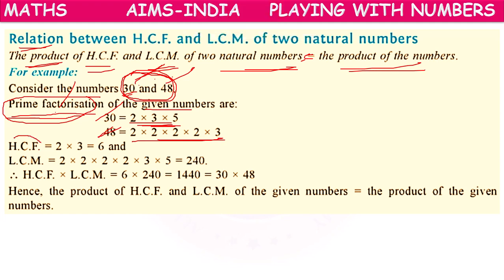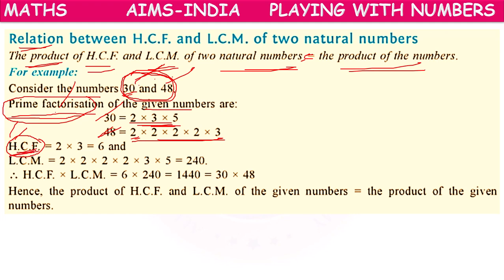Now, what is HCF? For HCF we take the common prime factor, the number of times it occurs, the least number of times. Highest common factor, the word opposite to highest is least.